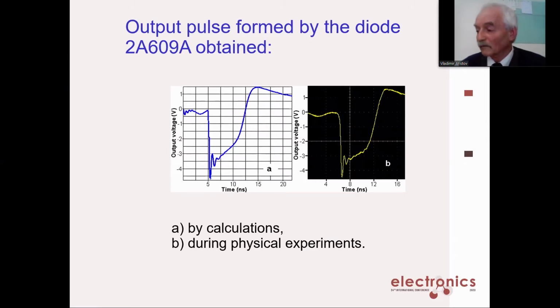This slide shows the generator output pulse obtained by A, calculation, and B, physical experiment. A Tektronix broadband oscilloscope with a bandwidth of 20 GHz was used in the experiment.